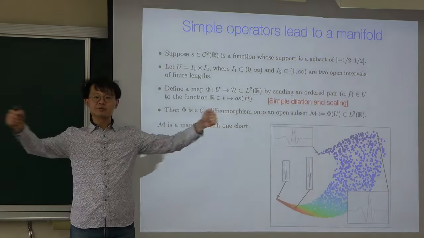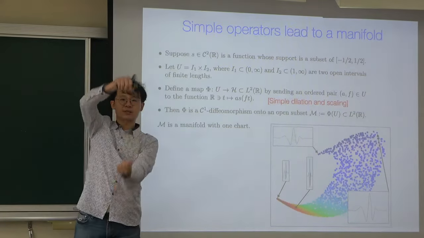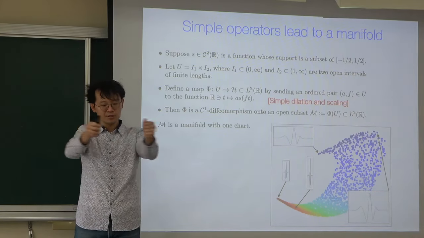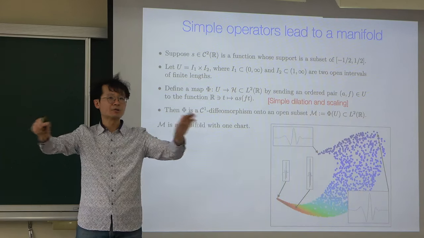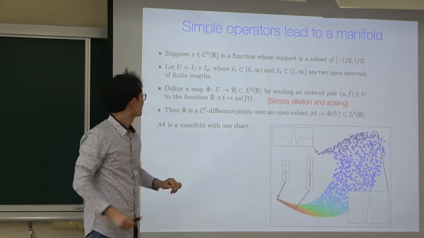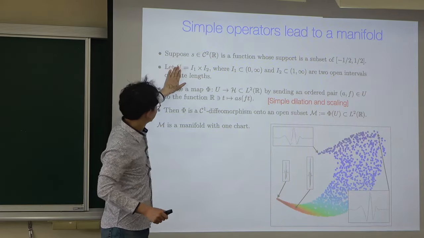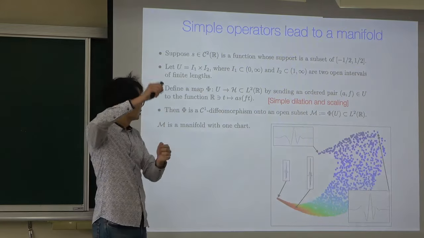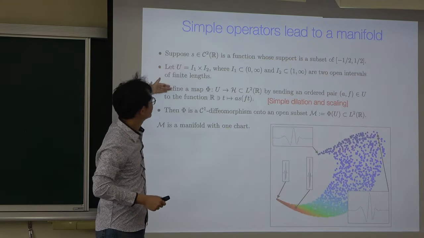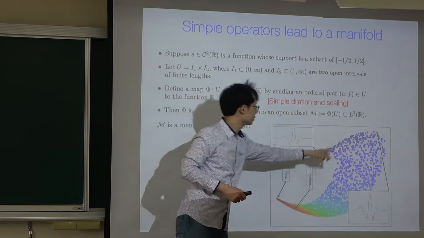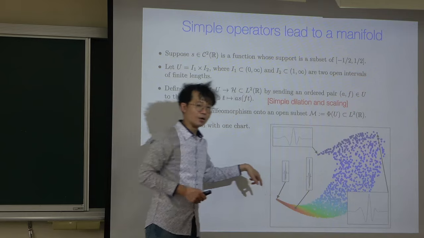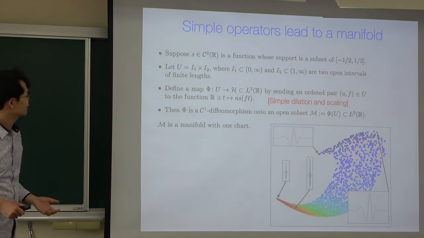Then what you can do is you can stretch it and scale it. And the stretching and the scaling can be viewed as a two-dimensional parametrization. And this two-dimensional parametrization can give you some kind of a map of this U set into an L2 space. Okay, and this can be viewed as a one-chart manifold.